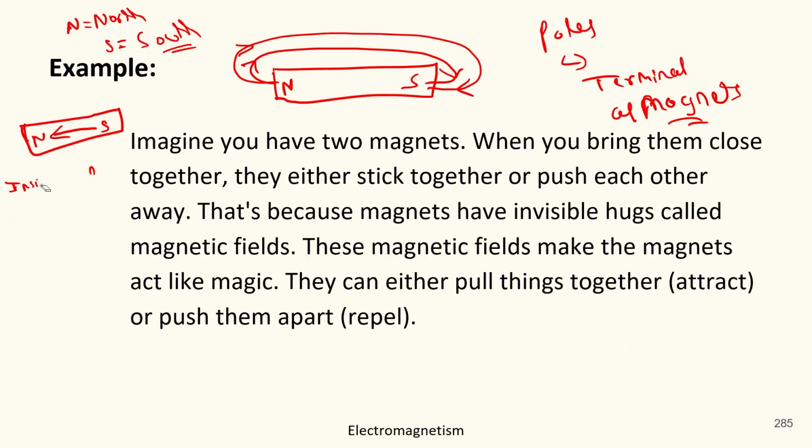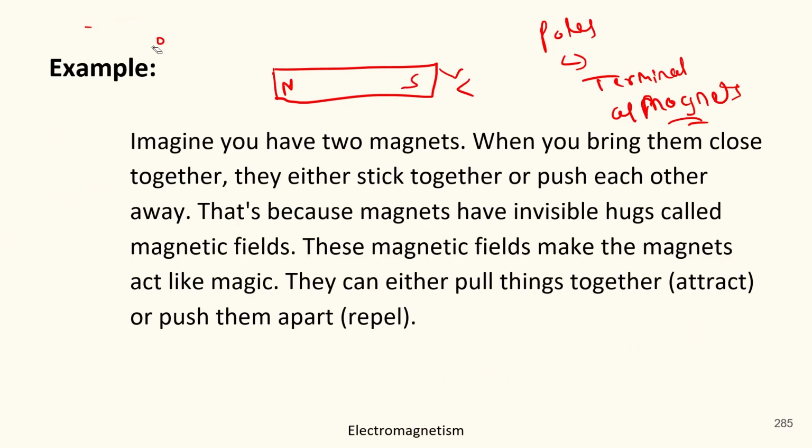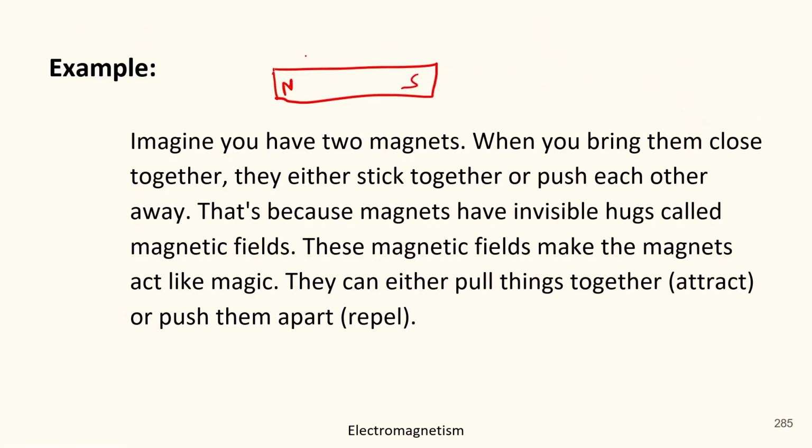So basically magnets have their poles, and these poles are opposite: the south pole is opposite to the north pole.